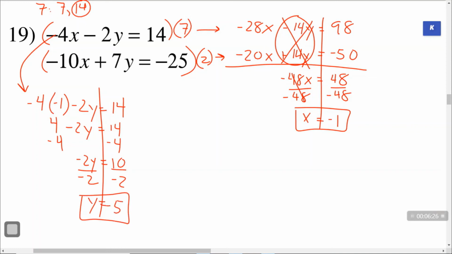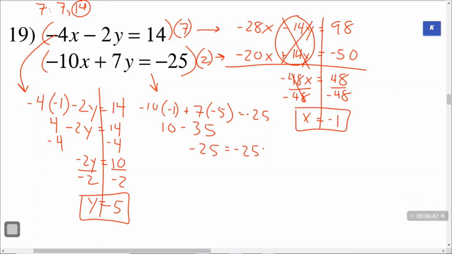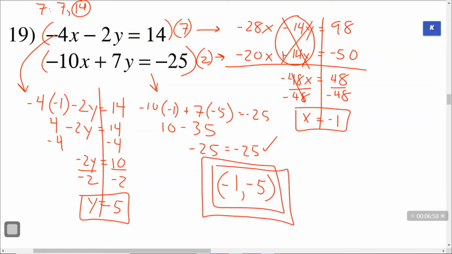So y is -5, and then I'm going to check to make sure that it works in the other equation. It works, look at that, and therefore I write my answer x, comma, y with parentheses and make it stand out. All right, let's check one more here, one more time.